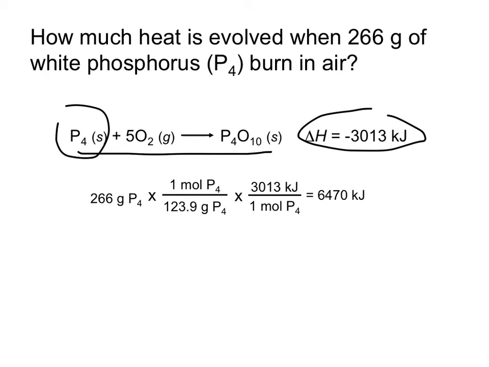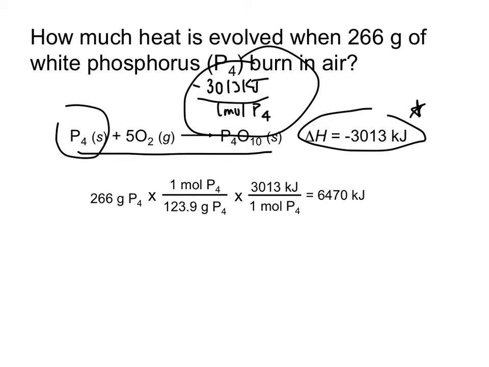So I know that I have 1 mole of P4 for the release of this enthalpy. So I have negative 3013 kilojoules for every 1 mole of P4. So this is my conversion factor. Now, they asked this question with respect to 266 grams of white phosphorus.